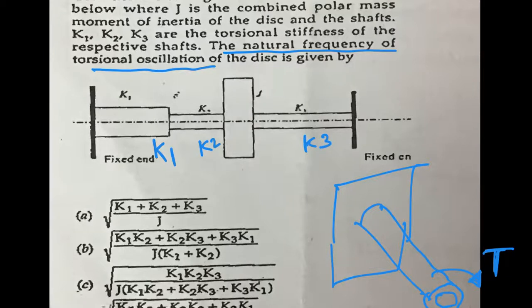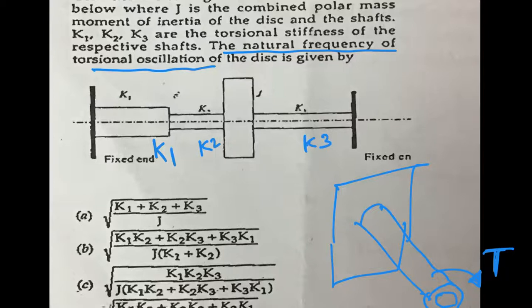Assume the material is very soft, or in other words, it is not having a very high value of G or Young's modulus of rigidity values are low. Let's assume for the time being. Then if I give an initial disturbance in the form of a torque, and if I leave the system, then it will vibrate torsionally.